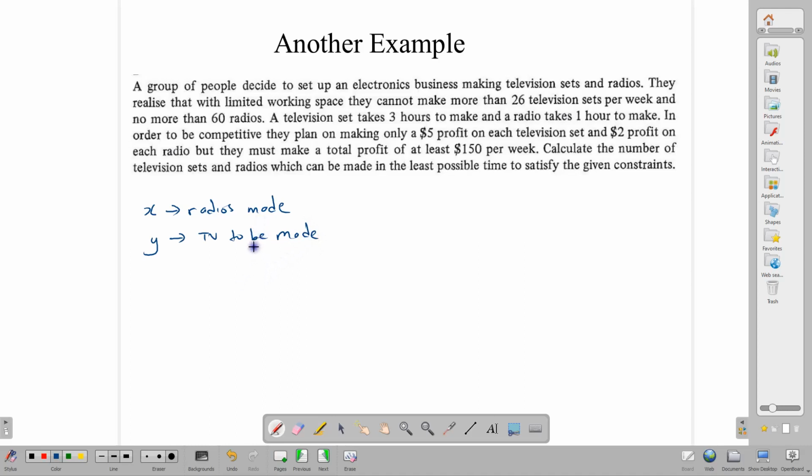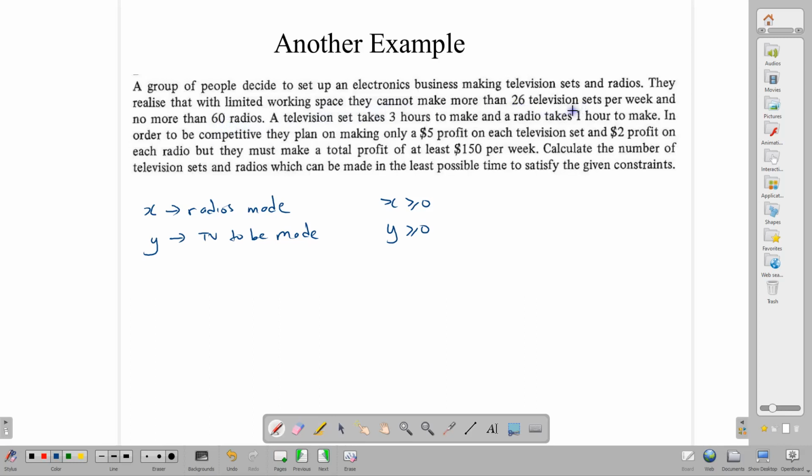Once we have decided that, then we can look at the information. They have to make some TVs. So we can say X has to be, radios first, X has to be greater than or equal to 0. All right? Same thing for the TVs, has to be greater than or equal to 0. And in terms of the number of TVs that should be made, here it says 26 television sets per week.